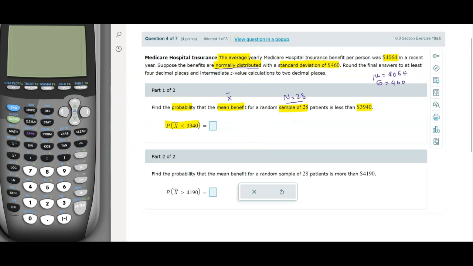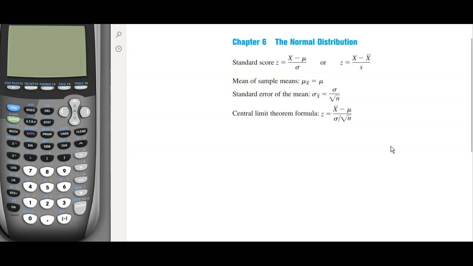What I'm going to do is use the central limit theorem formula. I want to transform the X bars into the Z values, so I want to standardize using this formula.